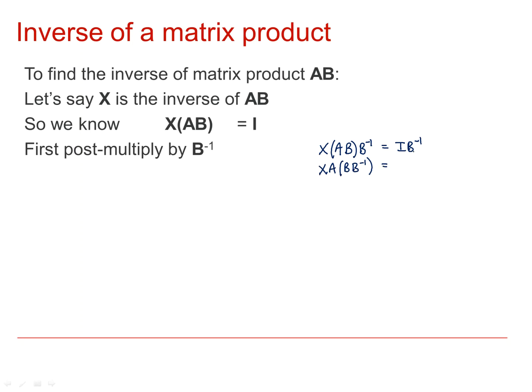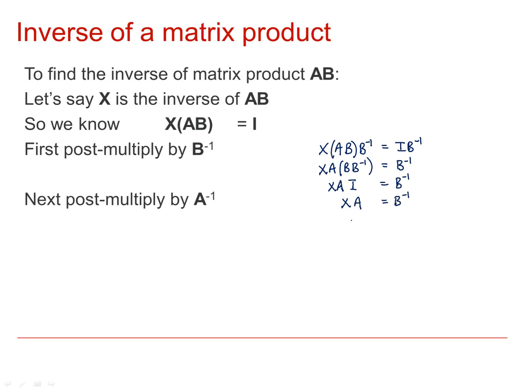And on the right hand side we know that multiplying by the identity makes no difference, so we've just got B inverse. On the left, B times B inverse is I, and we've got XA multiplied by I. And of course multiplying by I makes no difference, so we've got XA equals B inverse.